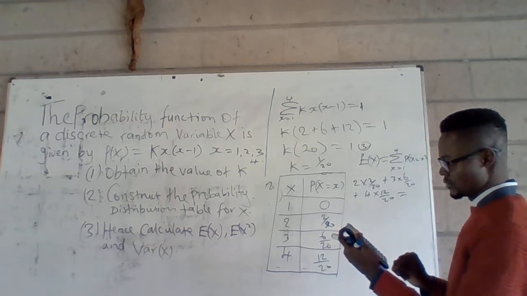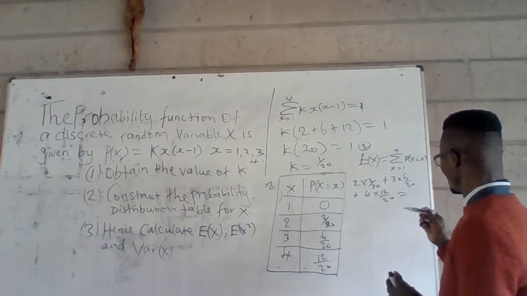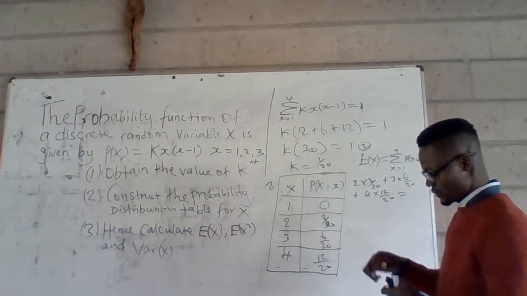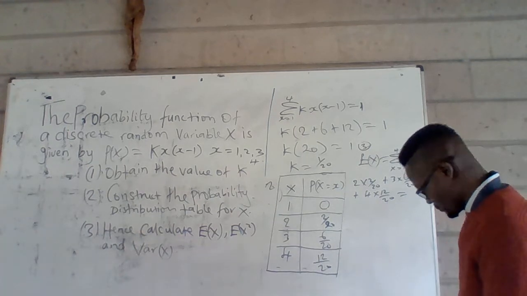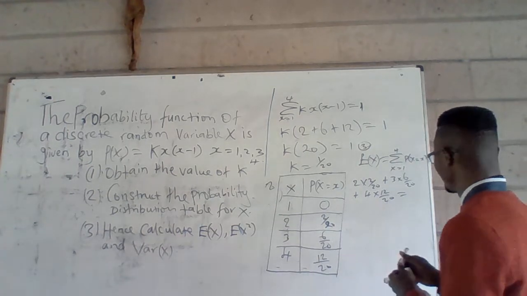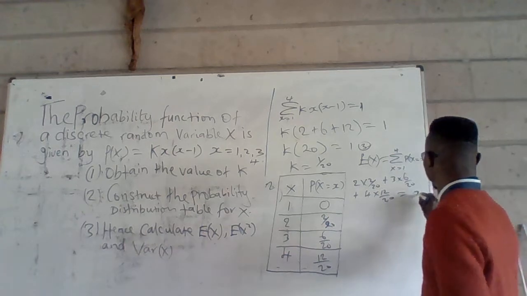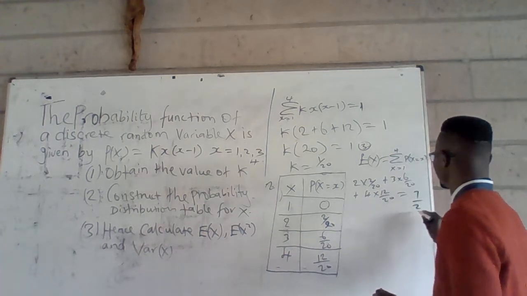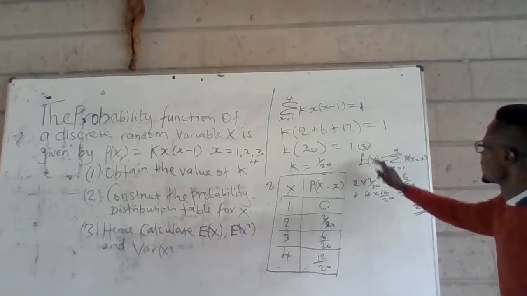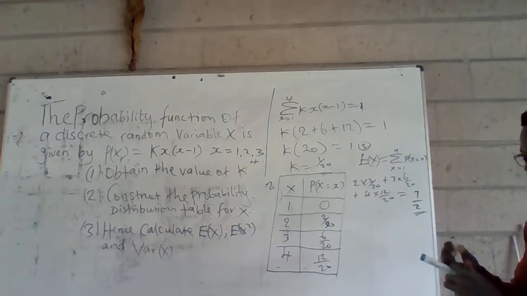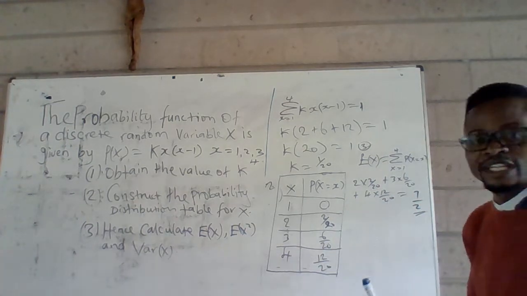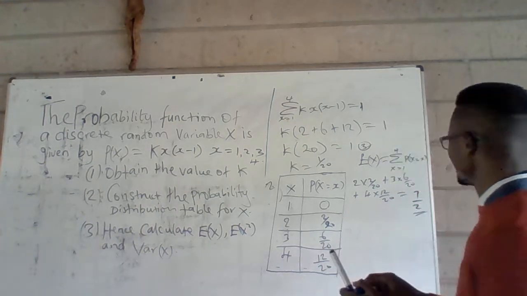This will give you 7/2. So this answer therefore is 7/2. And this is our expectation value. We are looking for the expectation value, 7/2.